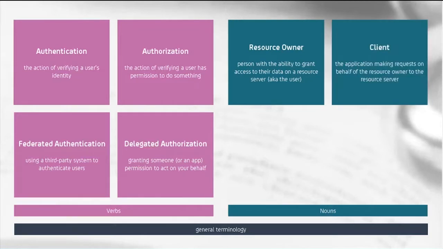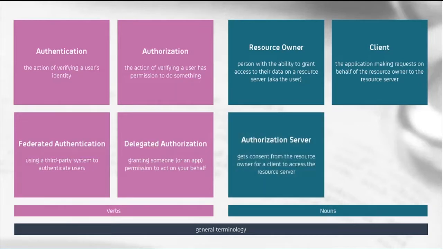The client is that third party, a web app, single page app, or mobile app, which makes the request to show you the data. It's a middleman between the actual data at the end and the client where you will see it. And the authorization server is the point where you get consent to access the resource server.